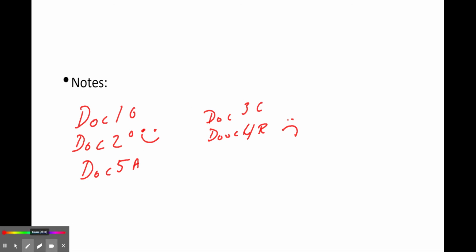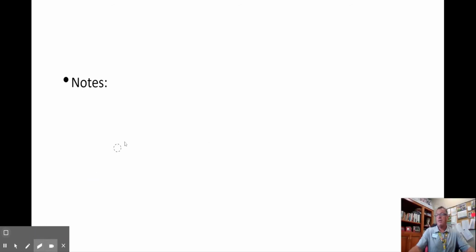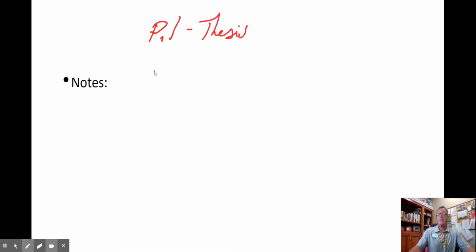Now I start to think about how my essay is going to look. Paragraph 1 is always my thesis, because I'm trained as a reader to look for the thesis either in the first paragraph or the last paragraph.